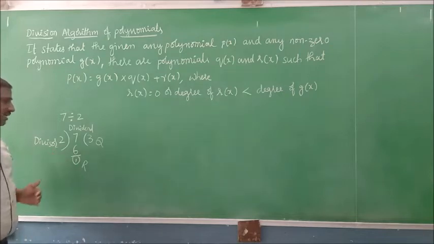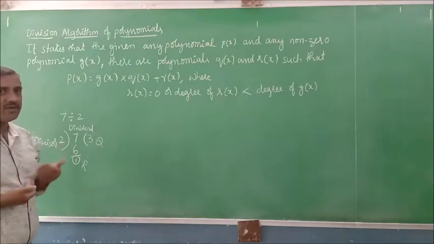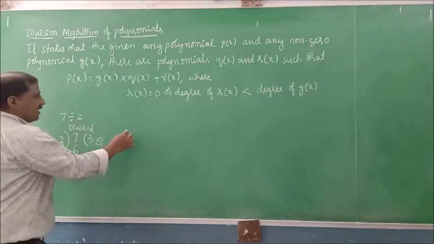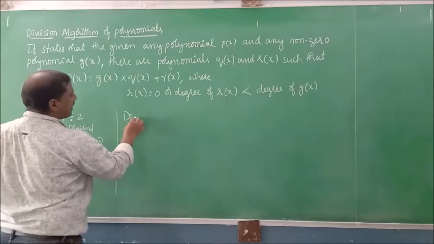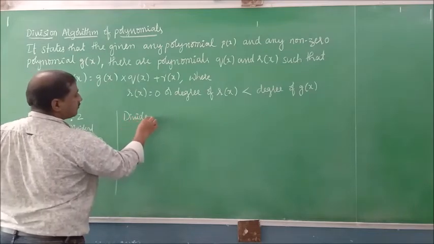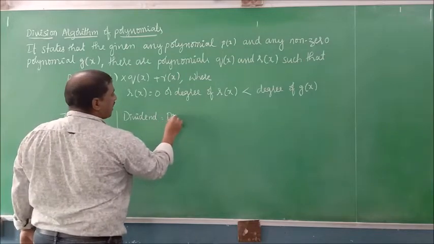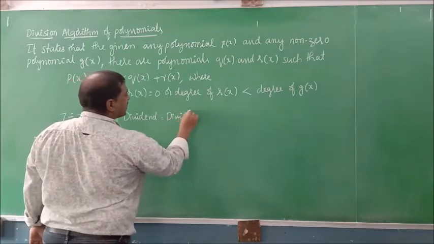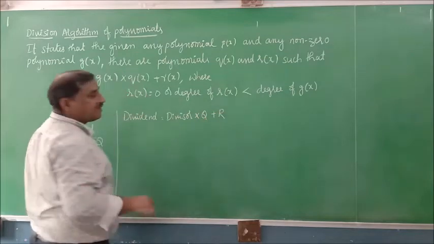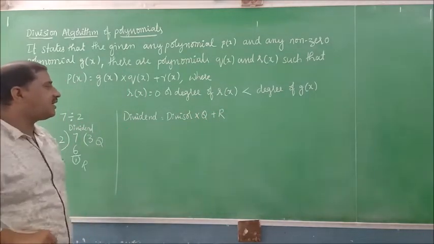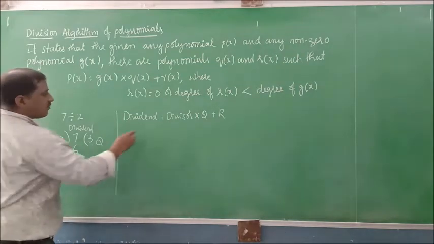Now, as we have studied in the lower classes, we can check whether our division is correct or not. We will verify it by using the concept: dividend is equal to divisor into quotient plus remainder. Here the dividend is 7.